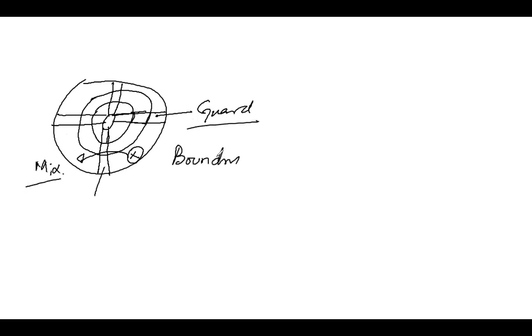These guard bands are, for example, like a security guard, which will not allow data from this sector to mix with this sector. So these slots are used as a boundary wall between two sectors.